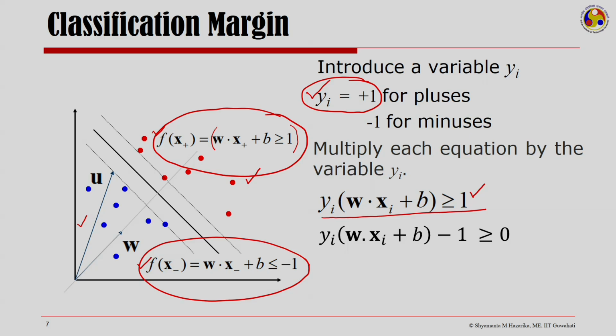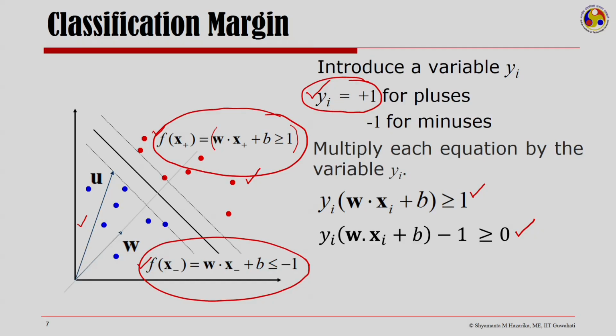And if I take 1 to this side, this is the equation that I end up with. So, multiplying by the variable yi which we have introduced, +1 for pluses and -1 for minuses, reduces the two equations to one.